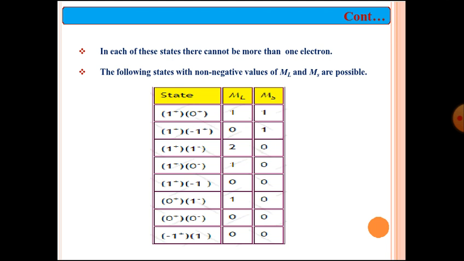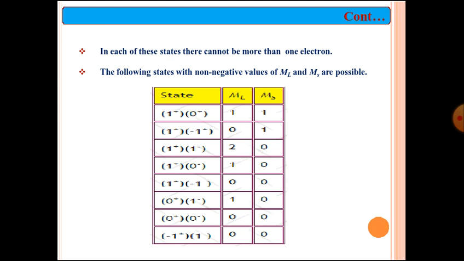For example, 1 positive, 0 positive, both are positive, that means ML 1, MS 1. 1 positive, minus 1 positive, 0 1. Similarly, this process is repeated up to the end of the minus terms. It is also presented.